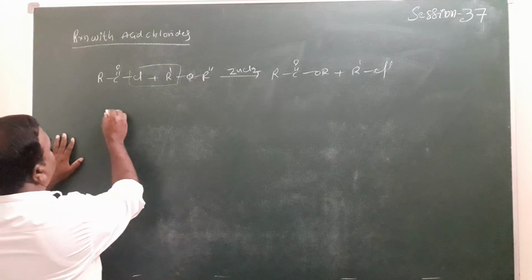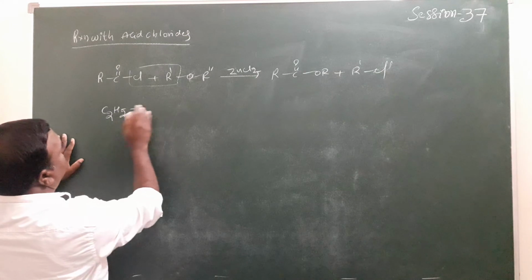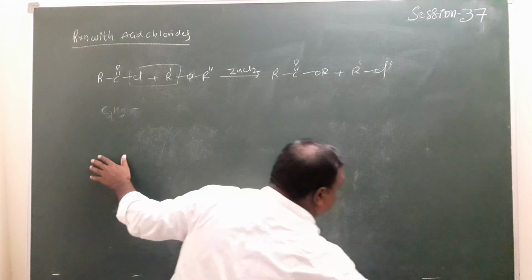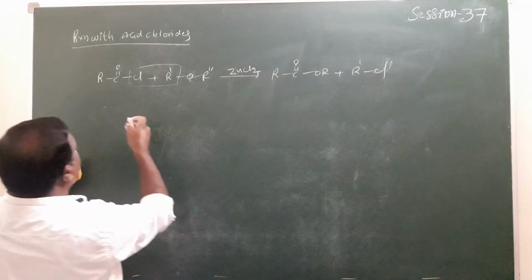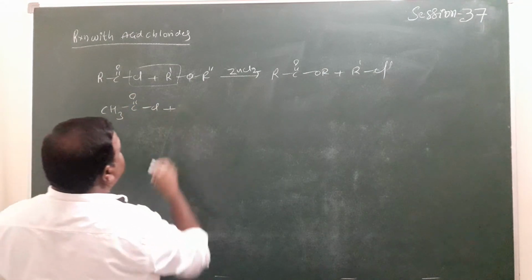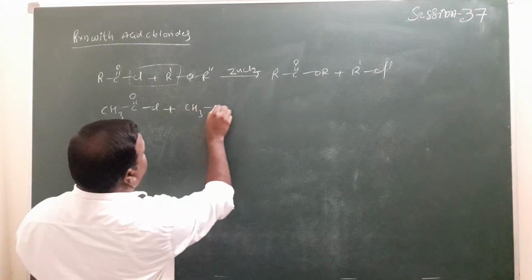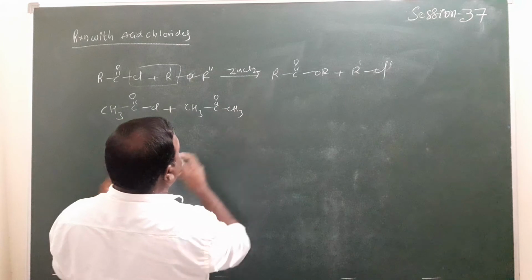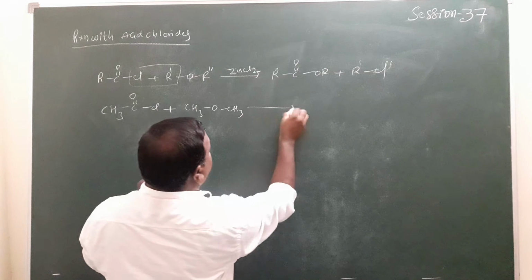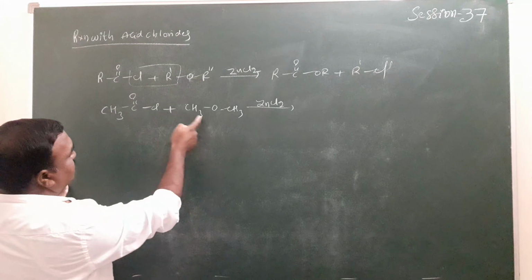Acyl cleavage. For example, here CH3COCl, an acyl chloride compound, reacts with dimethyl ether in the presence of anhydrous ZnCl2.